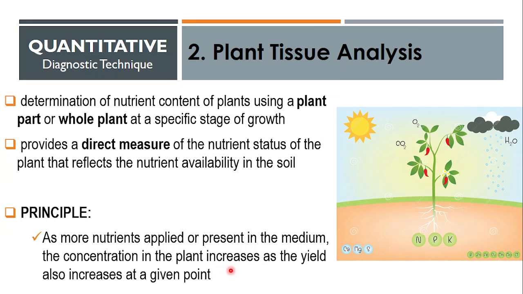Okay, so in layman's term, kung mababa yung nutrient level dito sa soil, mababa din yung magiging result ng analysis dito sa above ground biomass. Pero kung mas mataas din na level of nutrients, mataas din yung makukuha natin sa plant tissue analysis.